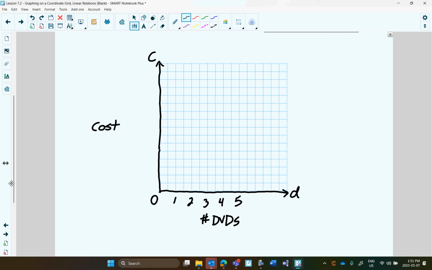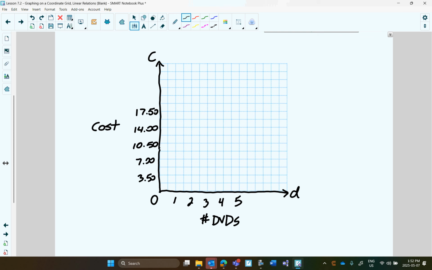Or you could go up by 3.50 every time, because that's what it's doing in the table. Yeah, we could do that. But it's not the only answer. Like Zara, what you said is just as correct. Okay?